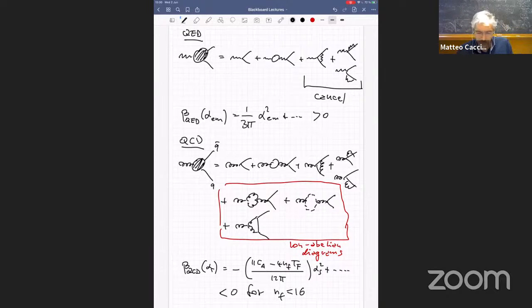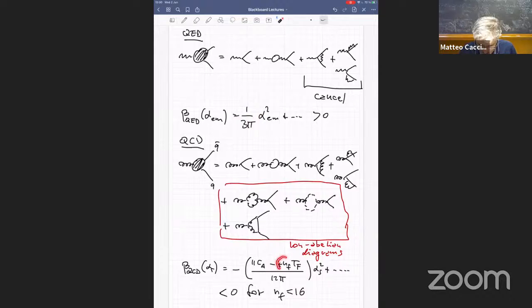NF is the number of flavors, the number of quark types that can go around that loop. By the way, if in this formula you take Ca equal to 0, NF equal to 1, and TF equal to 1/2, this is just a renormalization of the color matrices, you see that you get back this result here with the right sign.